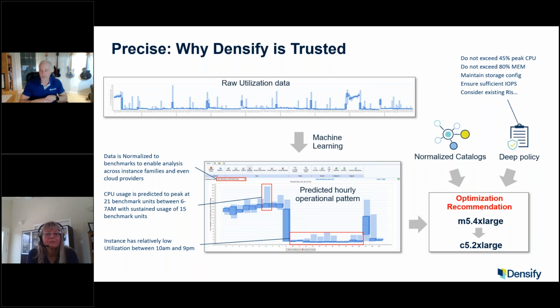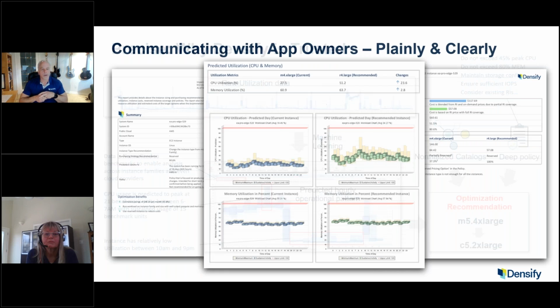And we'll come up with an optimization recommendation, which in this case might be move from a general purpose to a more compute optimized to deal with some of these spikes we're seeing here, as an example. And it could be an AMD recommendation in there, or Graviton, or back to Intel, what have you. So very deep machine learning analysis of that workload pattern to make sure that we're capturing everything.